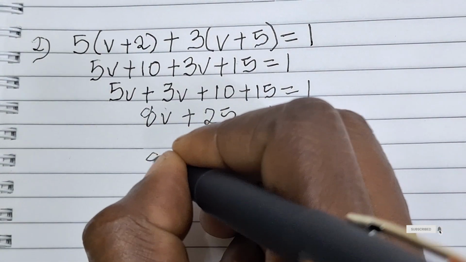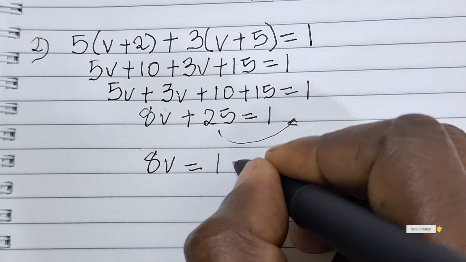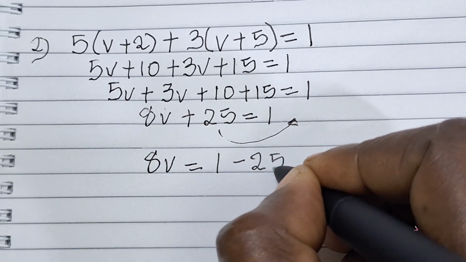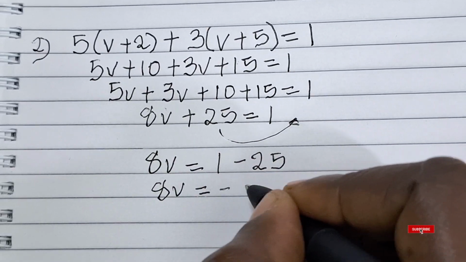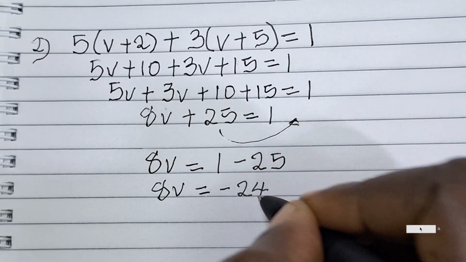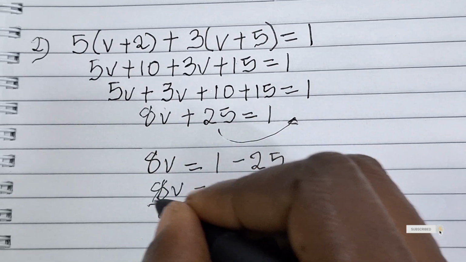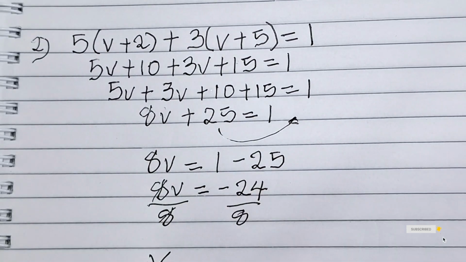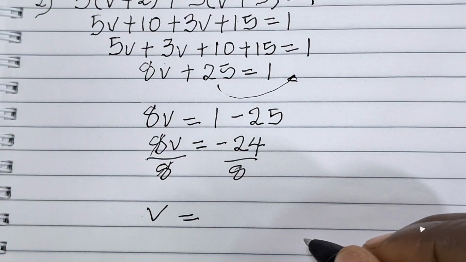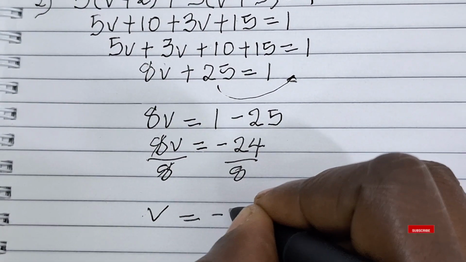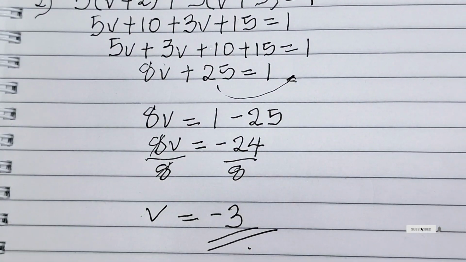So I have 8v is equal to 1 is already on that side. 25 came to meet it, and I have 8v is equal to negative 24. I divide both sides by 8, so 8 cancels 8. v stands on its own, and negative 24 over 8 is negative 3. And I am done.